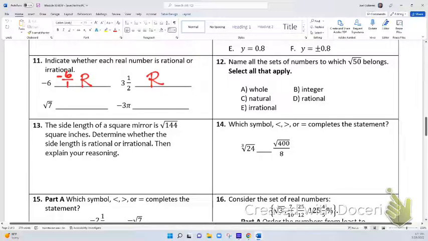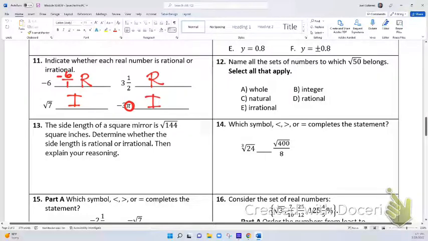The square root of 7 ends up being a decimal that goes on forever and ever and doesn't repeat. Because of that, this one ends up being irrational. And anytime you see pi, automatically you should know that it is irrational, which makes that one irrational.